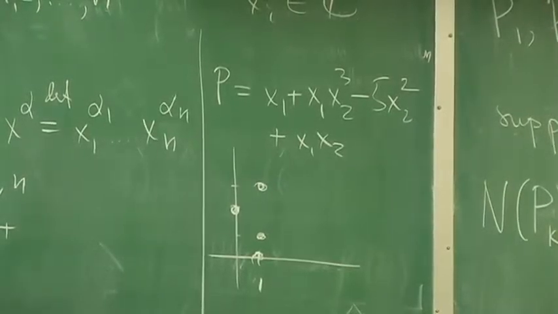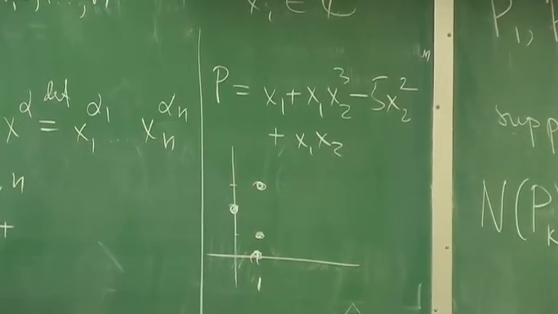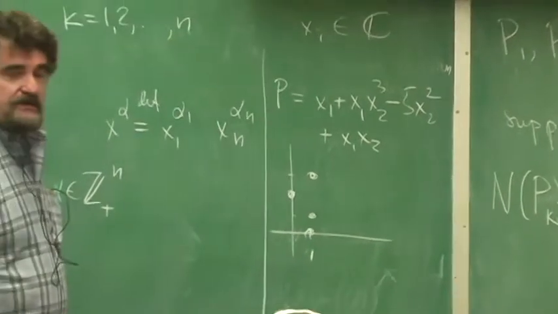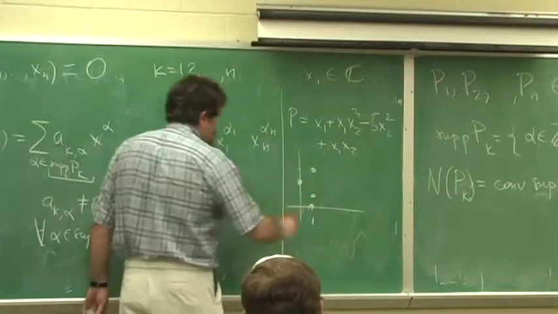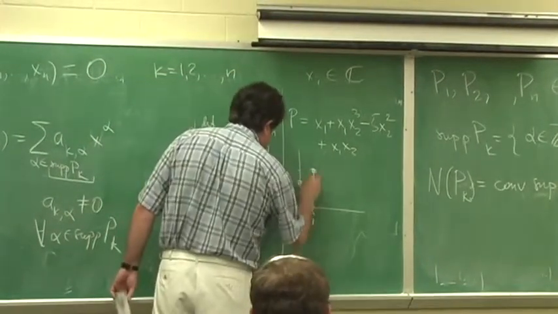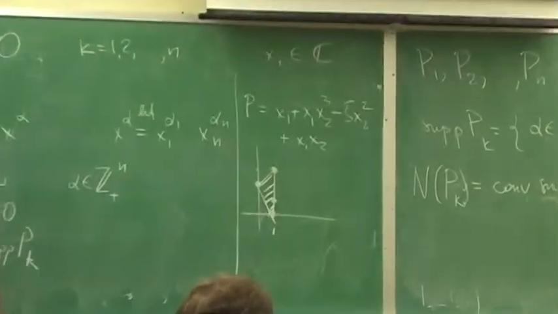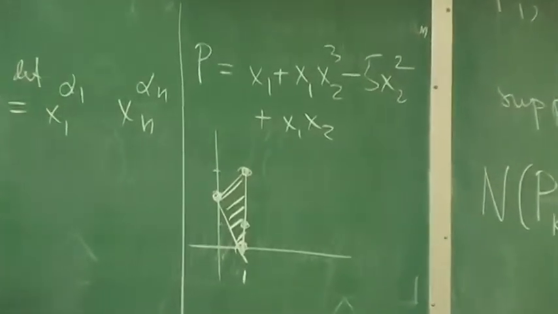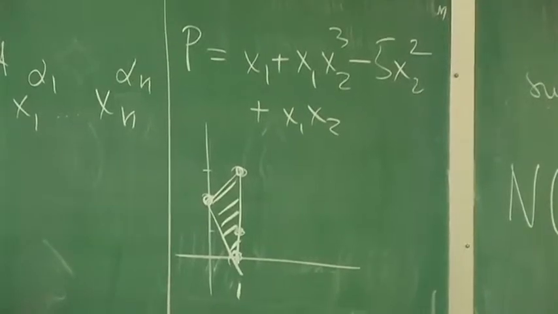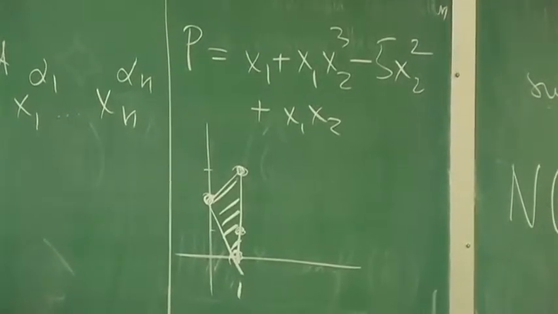What is the Newton polygon? In this case it is a polygon, but in general a Newton polyhedron. I must take this triangle. It is the convex hull of these 4 points.